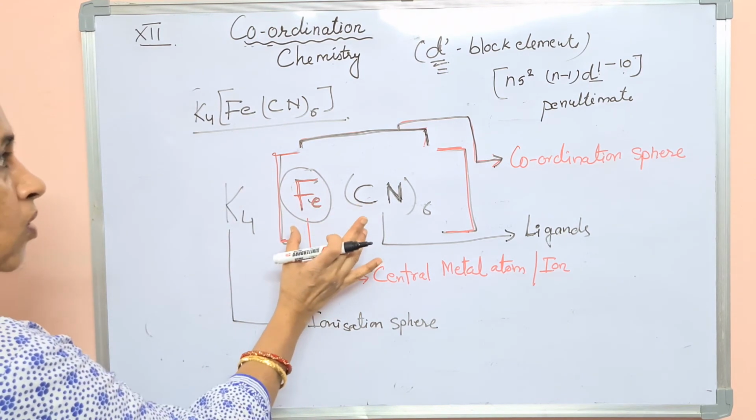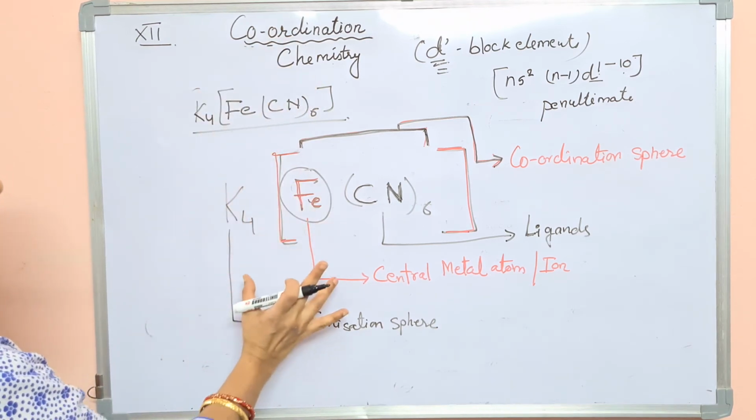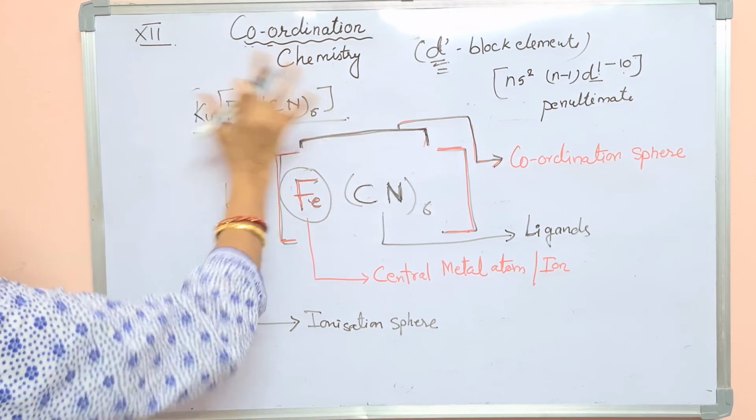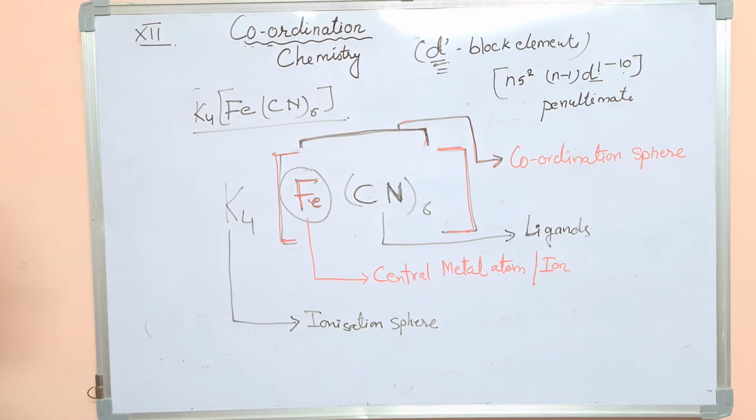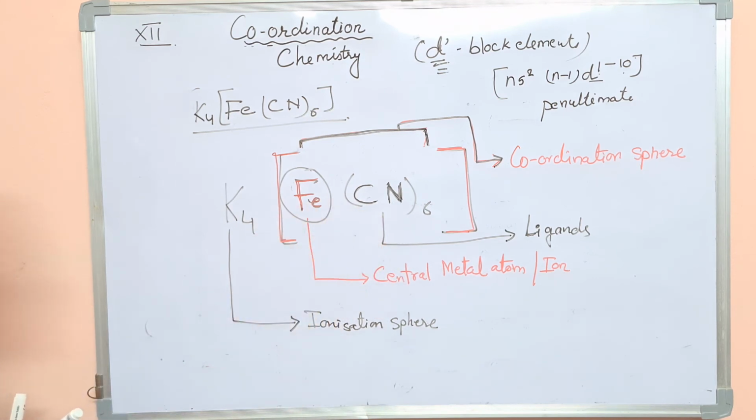This is how a coordinate bond is formed in this compound, and that is why it is called a coordinate compound. We will see in the next video how they are attached and what the types of these ligands are. So this much in this video.